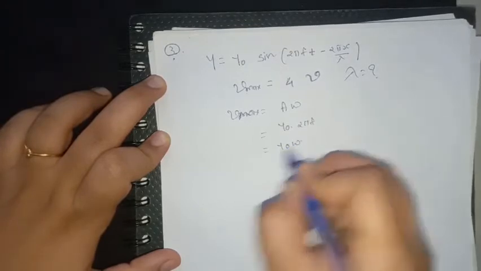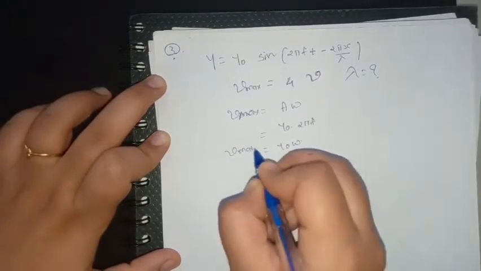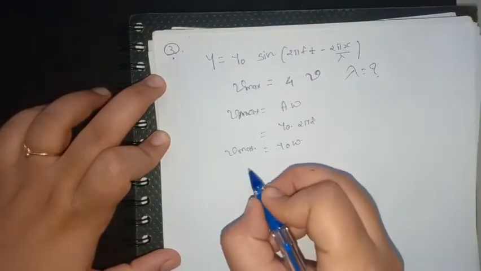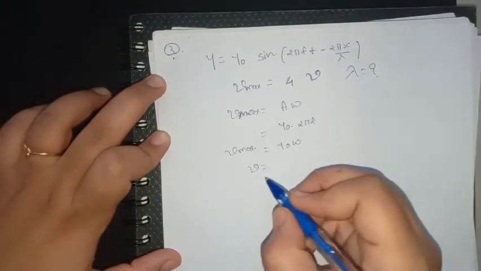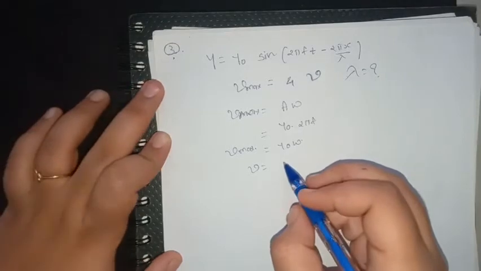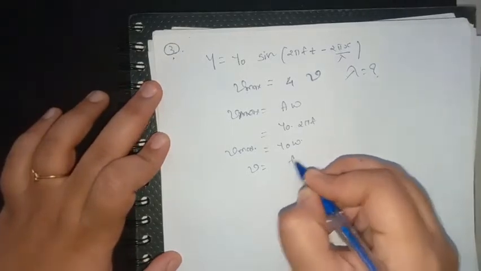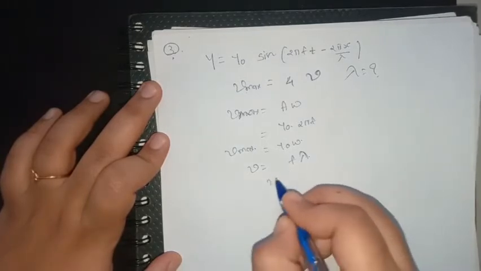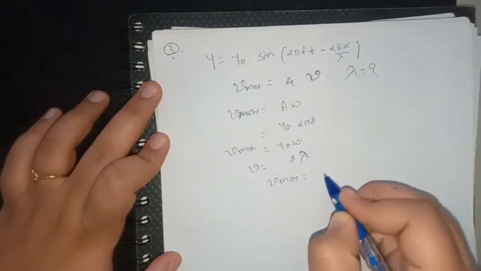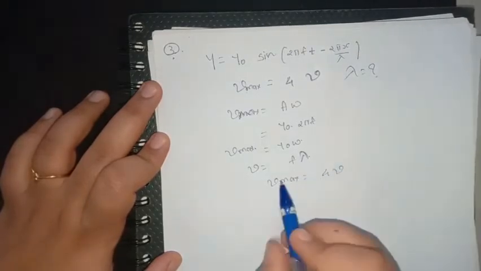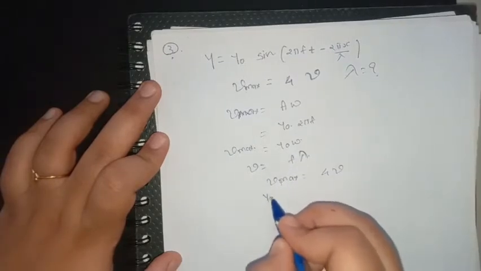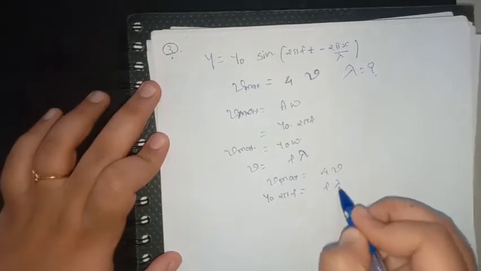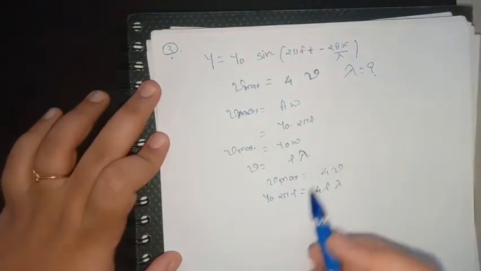So v max equals y naught omega, and the wave velocity is given by f lambda. It is given that v max is equal to 4 times v, so y naught into 2 pi f equals 4 times f lambda.